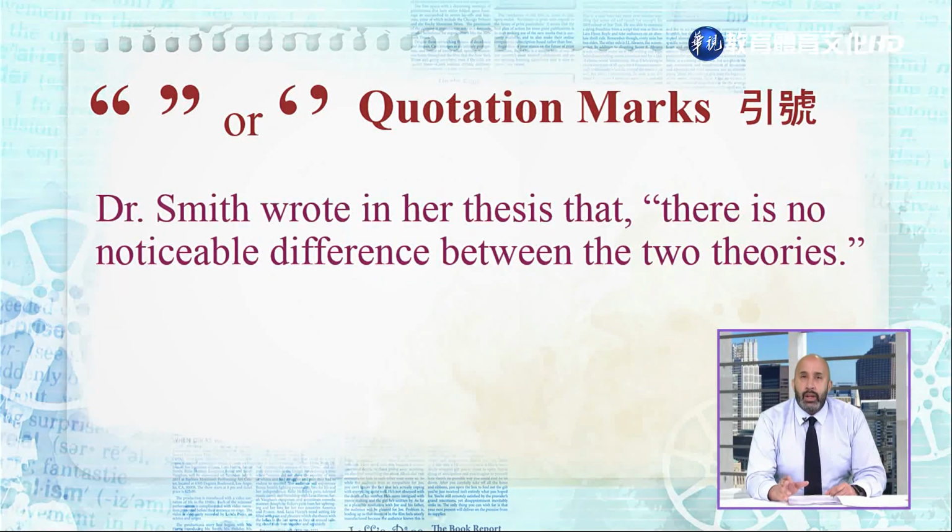Dr. Smith wrote in her thesis that there is no notable difference between the two theories. Now, if you are copying this or copying what someone has said or written, you need to put that in quotes. You will also need to show the source of the quote. But that is a topic covered in the next book.